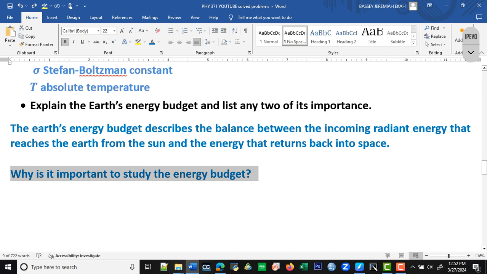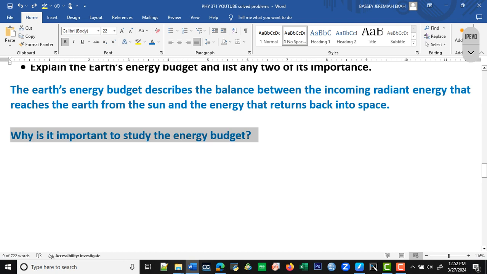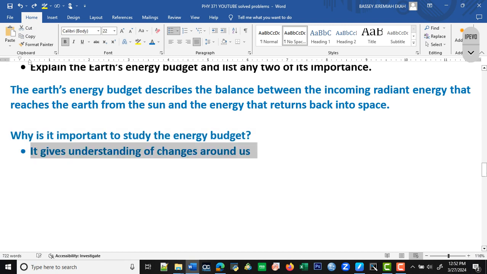And the second question says, why is it important? We are asked to list any two of its importance, but we are going to list even up to three. Whichever one you prefer, you can pick. It gives an understanding of the changes around us.